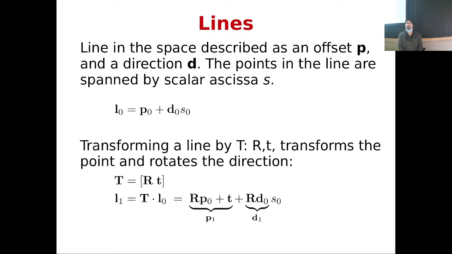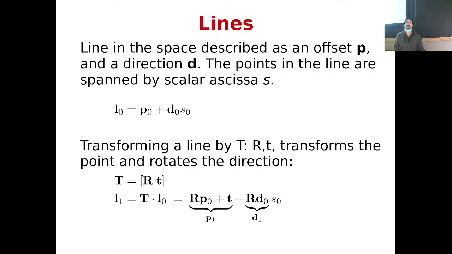Quite kind of obvious. Now, this is clearly an over-parameterization of the line, because I have more parameters than those that I need. A line in the space requires just 4 parameters to be described, which is the minimal number. How do you come up with these 4 parameters?